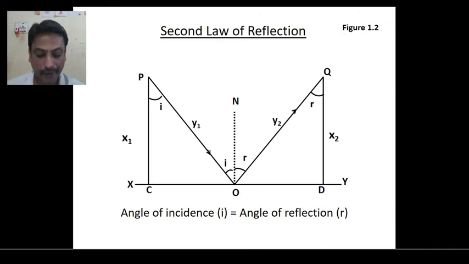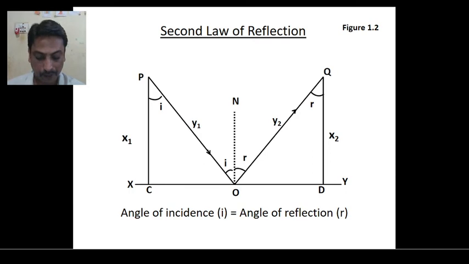From that I can obtain sec r as y2 divided by x2. So from these two relations, I can write that y1 will become equal to x1 sec i and y2 will become equal to x2 sec r. Substituting the values of y1 and y2 in my previous equation, that is t is equal to (y1 plus y2) divided by c, the equation will become t is equal to (x1 sec i plus x2 sec r) divided by c.